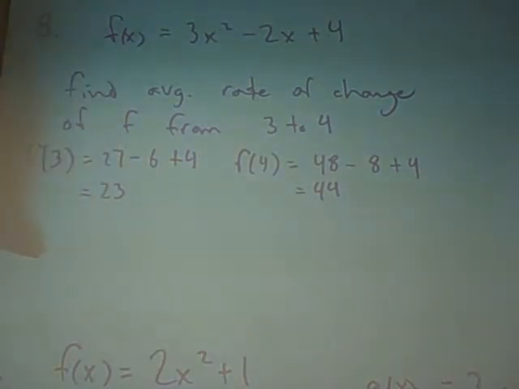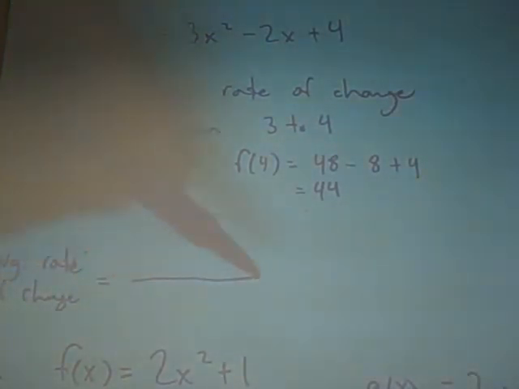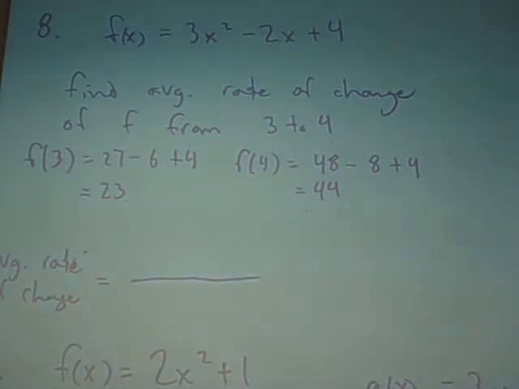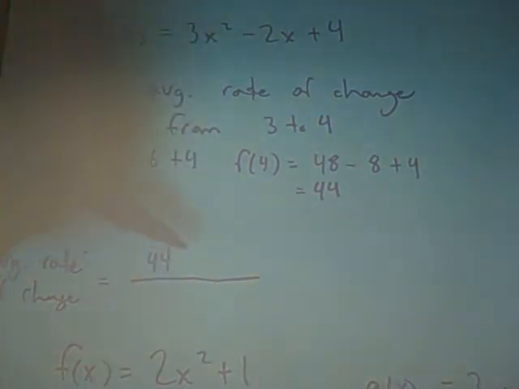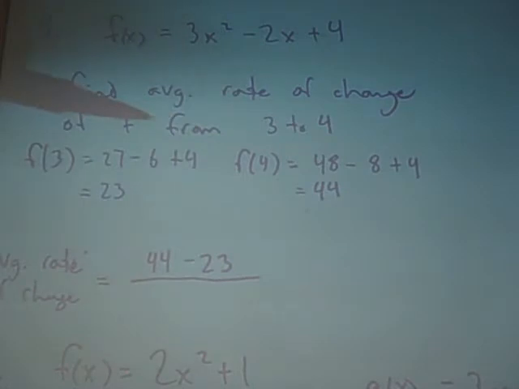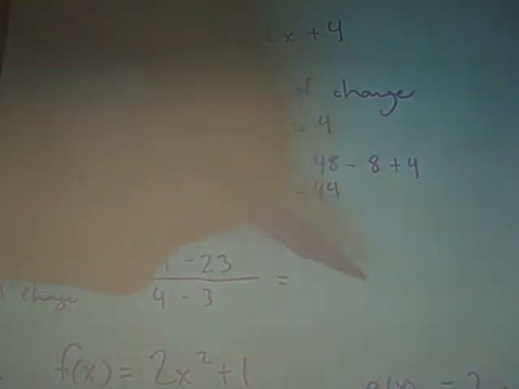And so the average rate of change is equal to, it's basically just a slope. So the change in y is 44 minus 23, change in x is 4 minus 3, and so you get 21 over 1, so the slope is 21.